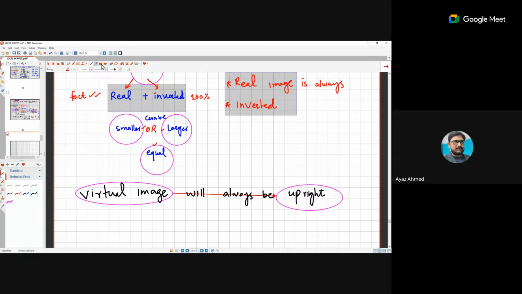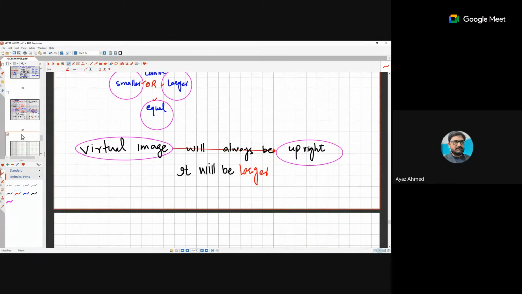And one more thing which is mandatory for this: it will always be larger. That's it. So what are the properties of a virtual image? Virtual image will be upright and larger. That's it. Nothing else is asked of you.